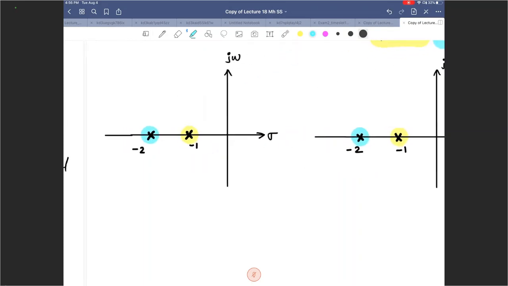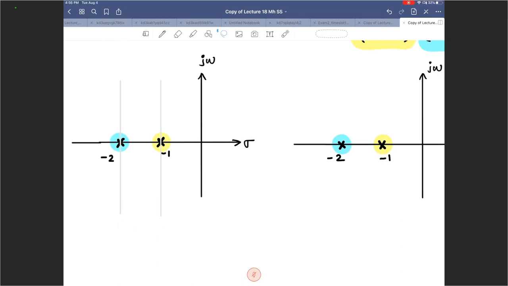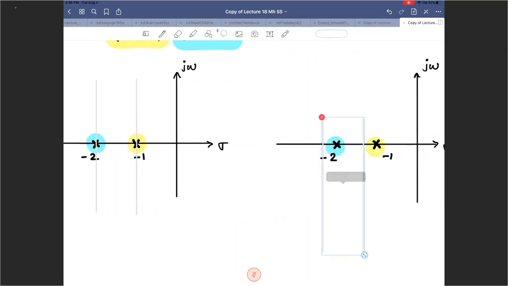So if I start off all the way to the left, one possibility could be if I can sketch 2 straight lines, say in gray, right there, and another one right here, then I'm going to copy this and paste it here and here as well, so that I can repeat the shading of possible regions of convergence again.